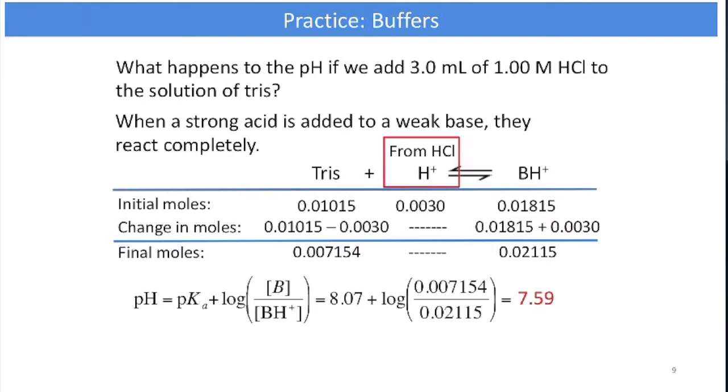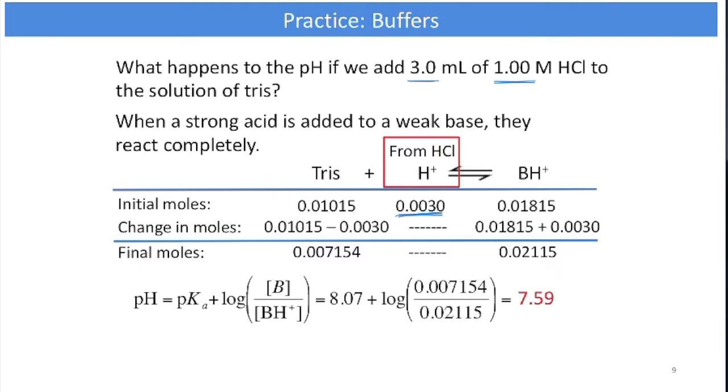So in this case, we're adding a strong acid, so it's going to react with the weak base, which is the tris. We have to figure out how many moles of acid we've added, and we've added 3 milliliters of 1 molar hydrochloric acid, which works out to 0.003 moles.